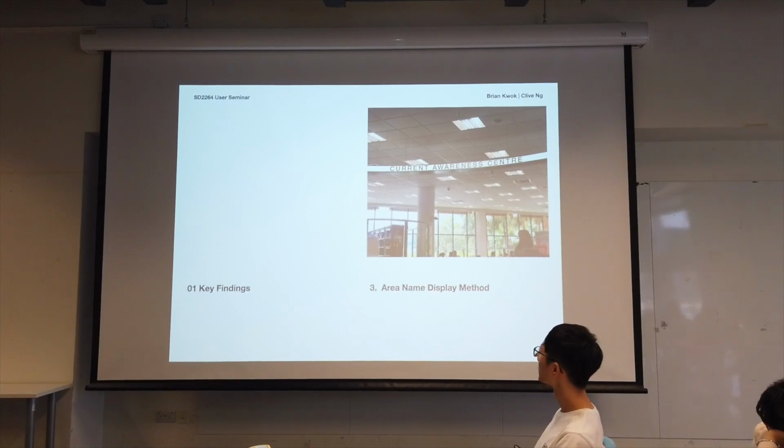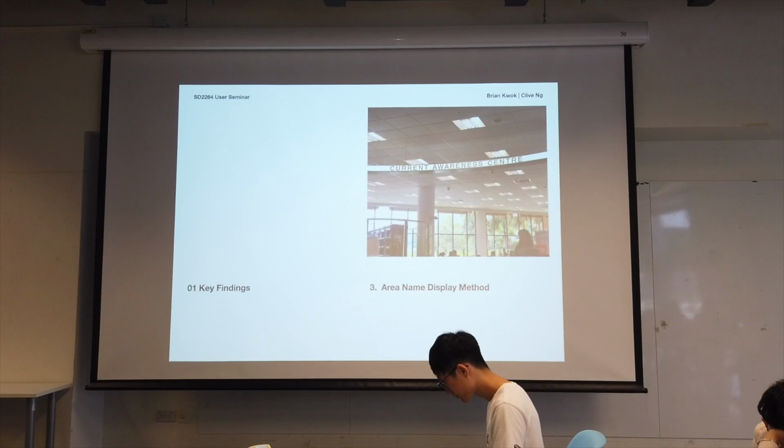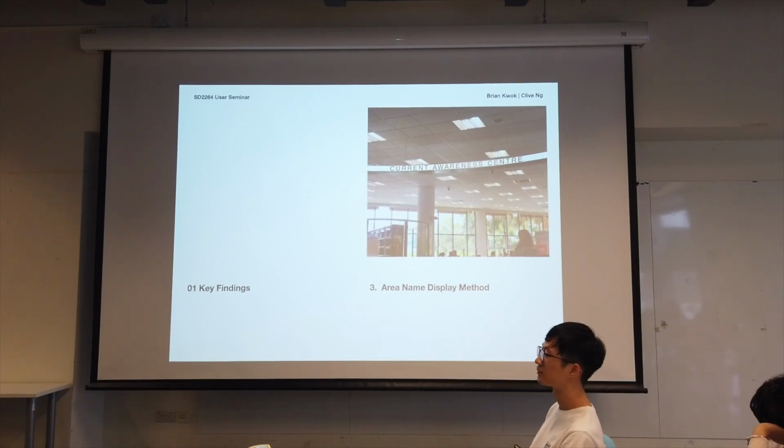It can't be seen from the outside, so people might have difficulty realizing, oh, this is the area for reading newspapers and magazines. So maybe that's part of the reason why people are doing things not related to newspaper and magazine reading in the area.